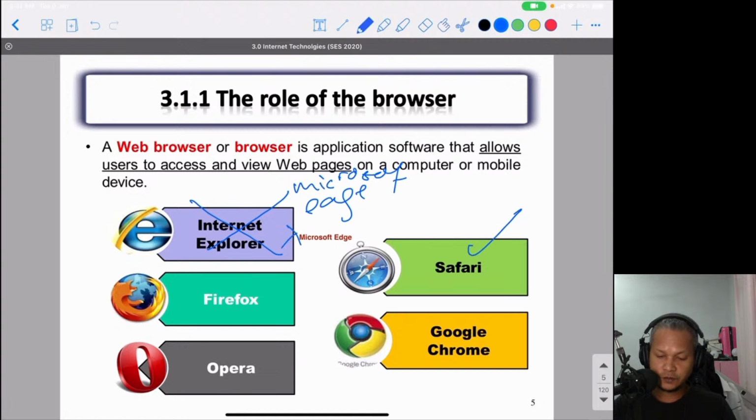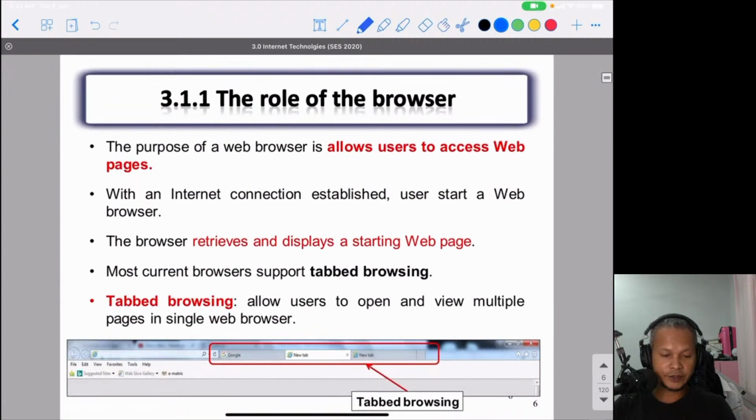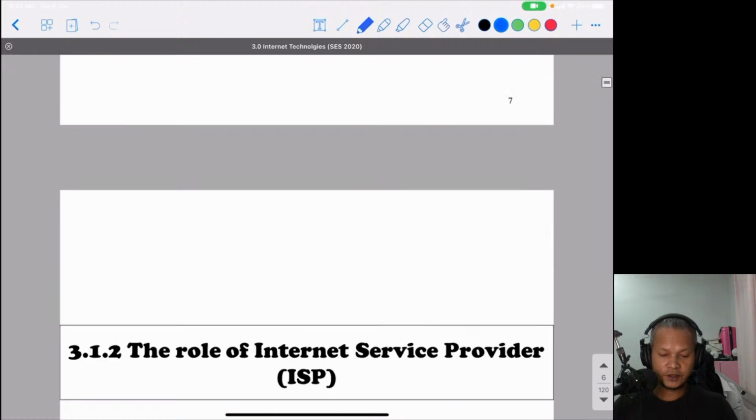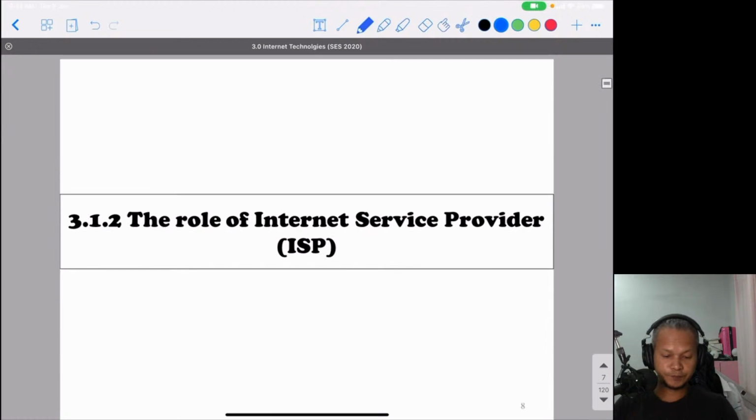Safari for Apple computers. Okay, Firefox, Opera, Google Chrome. Okay, we go next. The role of a browser: allow users to access the web page with the internet connection established. The user starts the web browser, retrieves and displays a start web page. I think this is what you need to know.